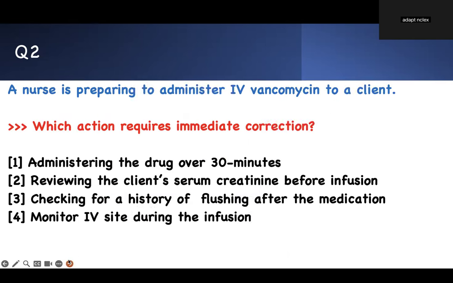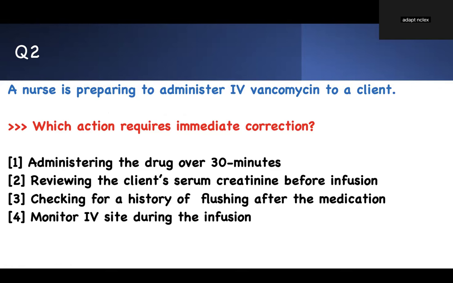Next question. A nurse is preparing to administer IV vancomycin to a client. Which action requires immediate correction? Administering the drug over 30 minutes. Reviewing the client's serum creatinine before infusion. Checking for a history of flushing after the medication. Monitoring the IV site during the infusion.